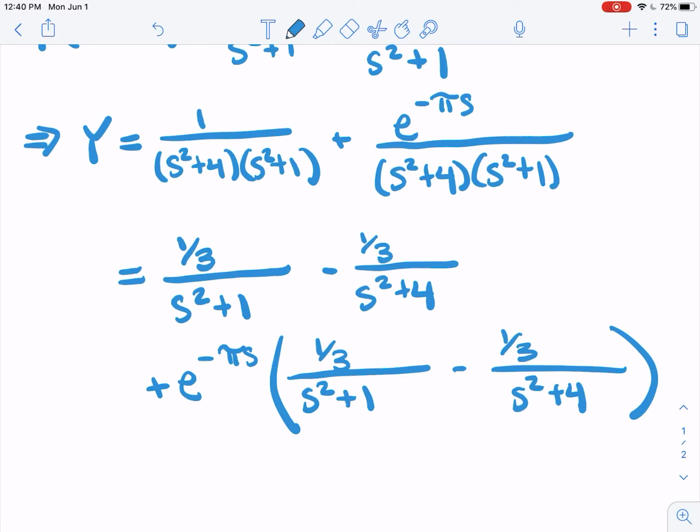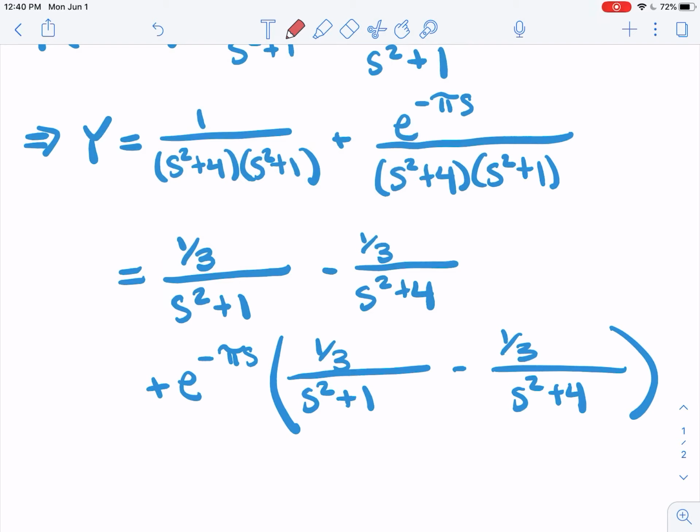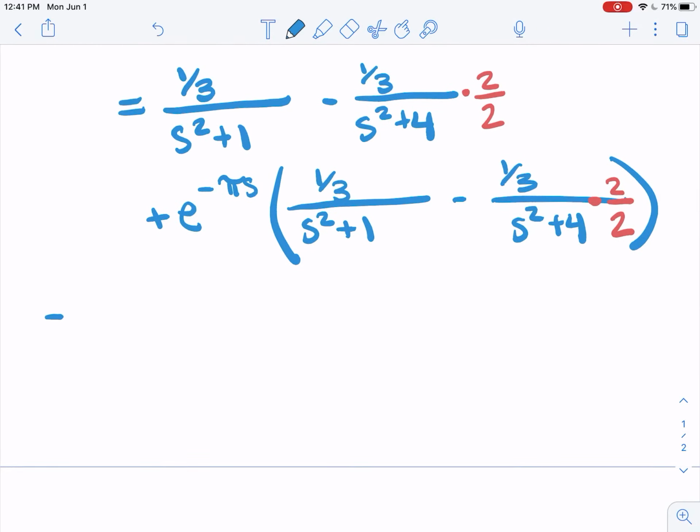The only issue is that old trick that we're going to have to deal with. Instead of a 1/3 in the numerator of the s squared plus 4 denominator fraction, we need a 2 up there. So we multiply the numerator and denominator here by 2, and we will have this in a form that we can use the table on. So let's do a little bit more writing.